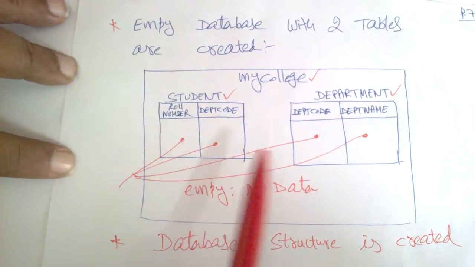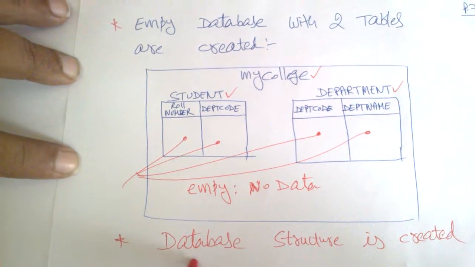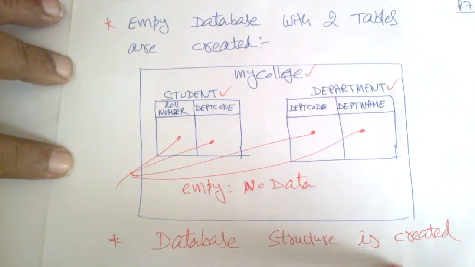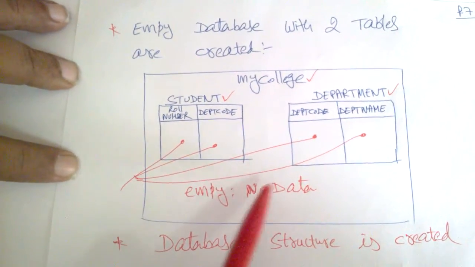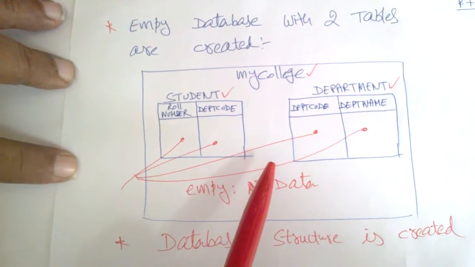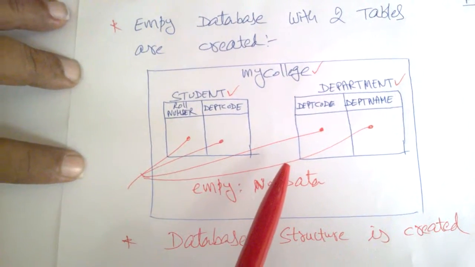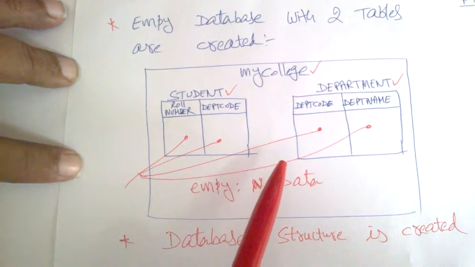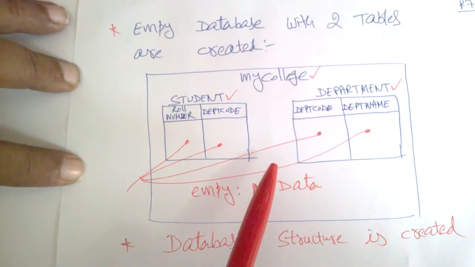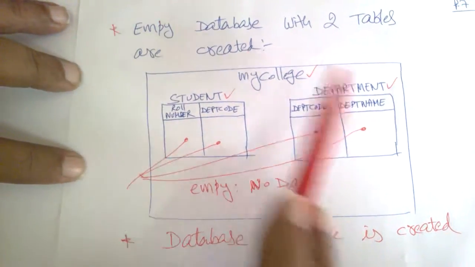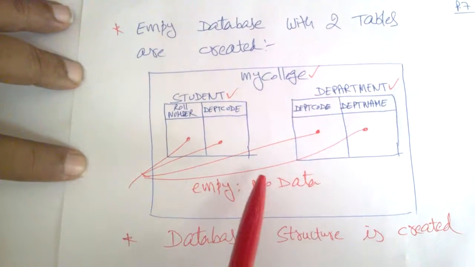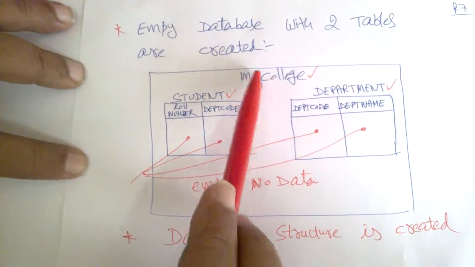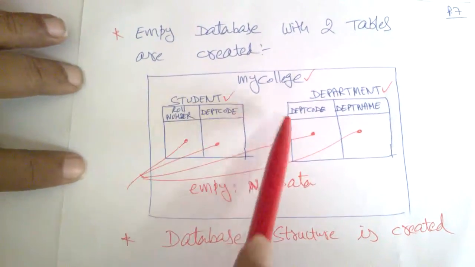All rows are empty. However, the most important aspect is that we have created the structure of the database. The definition of the database, what the database name is, what the various tables are, and in each table what the various columns and constraints are, all this information is called schema. So using the schema, we have created an empty database wherein the structure has been set up correctly.